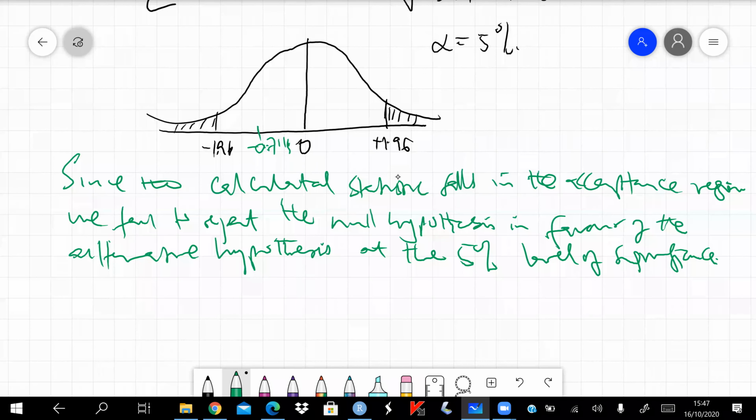So we cannot reject the null hypothesis. Hence, so this is our conclusion.